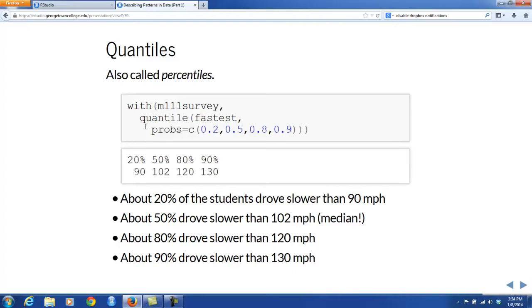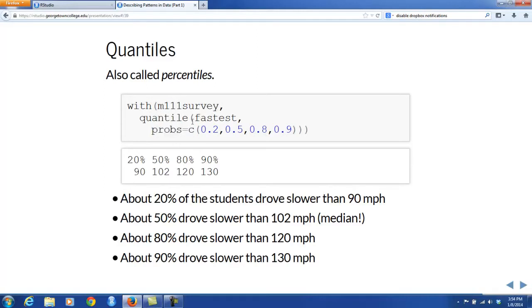Here's how you get them. So the basic function is quantile, and you ask for quantiles of your variable, in this case fastest, and there's an extra argument you need to provide that says what particular quantiles you want. And so if you want the 20th, 50th, 80th, and 90th, then you simply enter them as a list here with the C function, enter them as decimals rather than percents, and feed that to the probs argument of the quantile function.